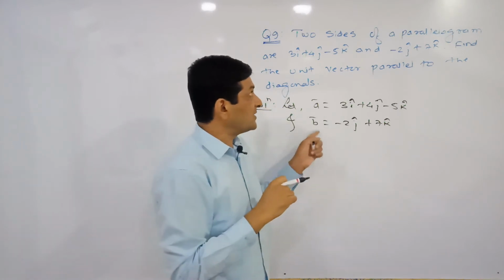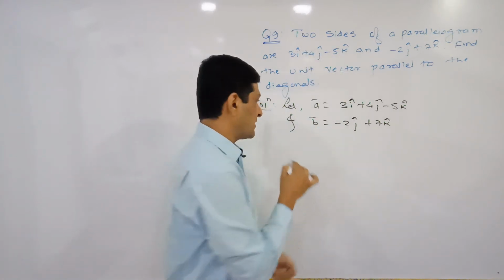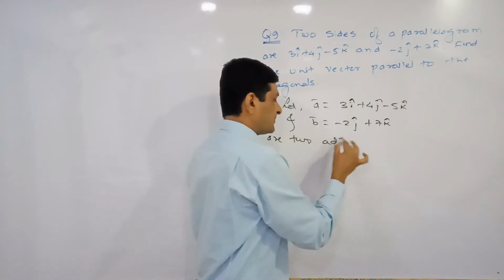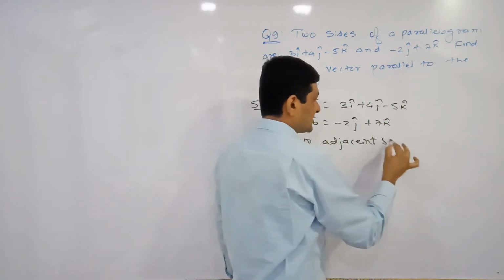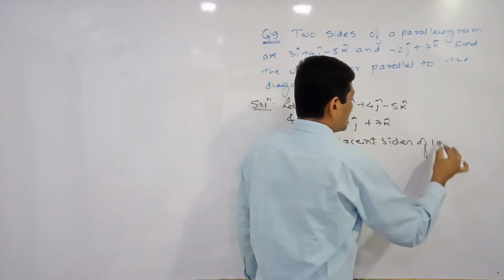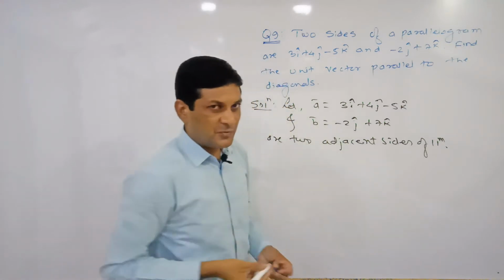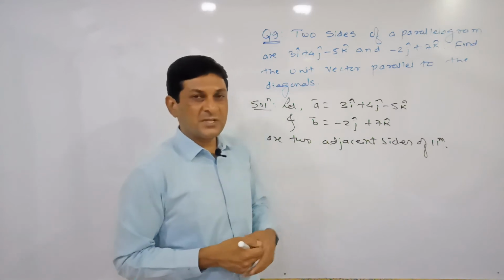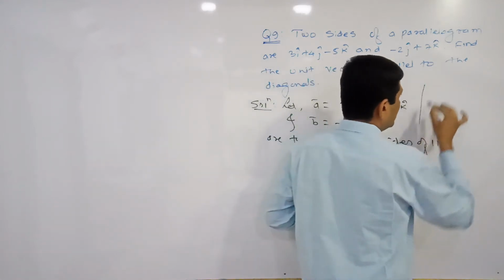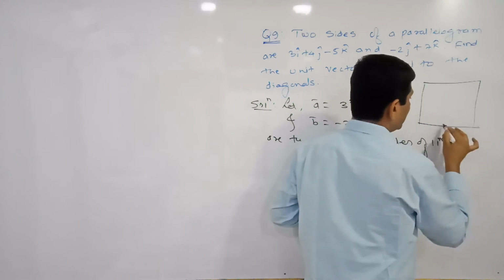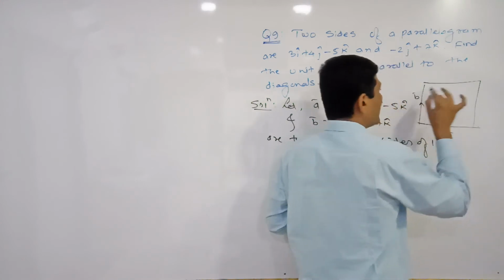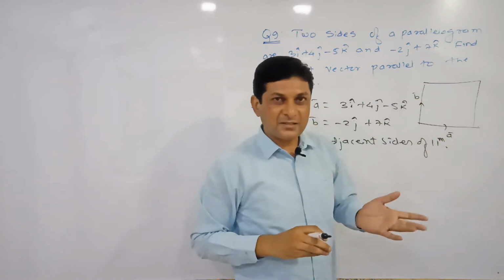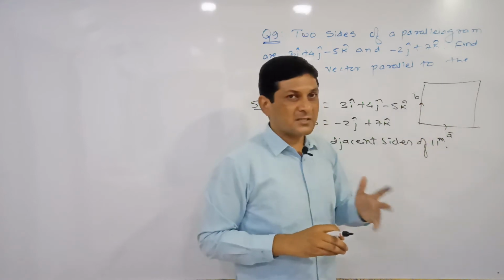Now these two vectors are what? Two sides, or two adjacent sides, of a parallelogram. This is the given condition. It is not given to us that these are adjacent sides, but we can observe that in a parallelogram, if A bar and B bar are sides, one possibility is that these two vectors represent adjacent sides, or it may be possible that these two vectors are parallel.